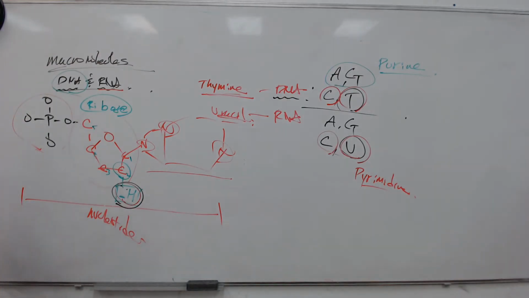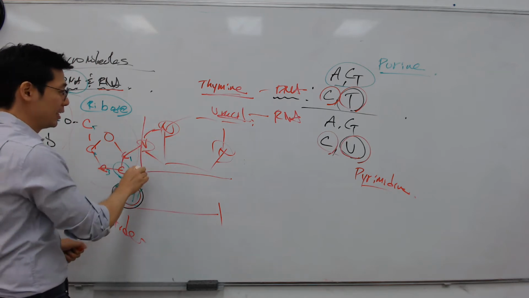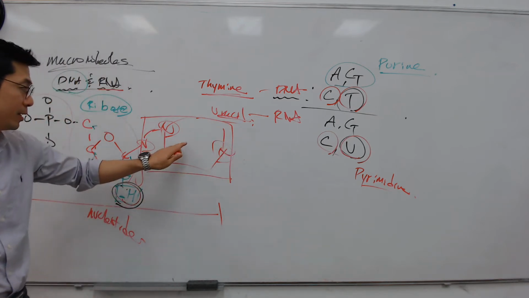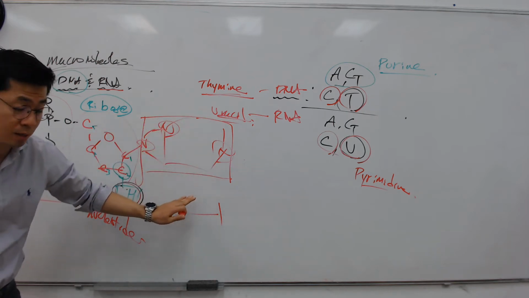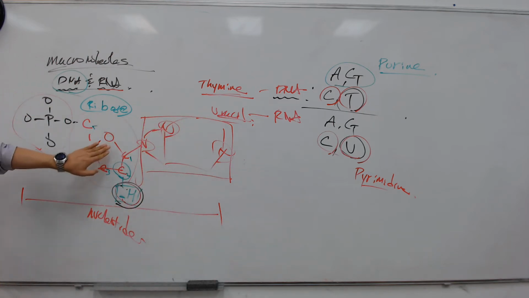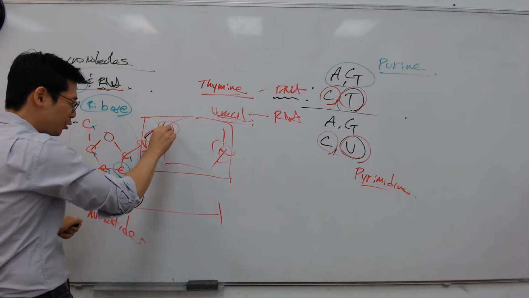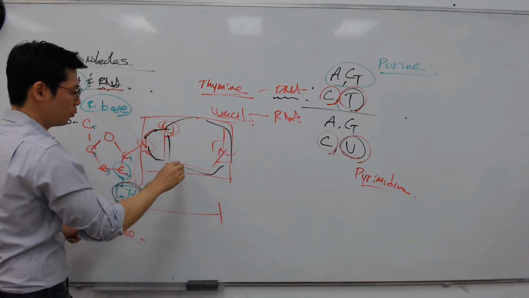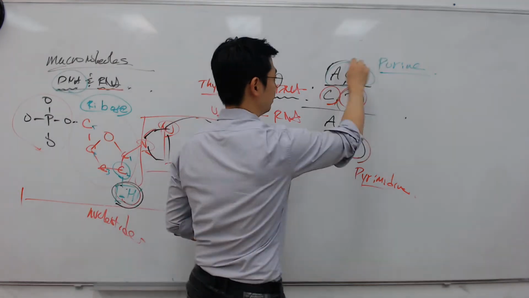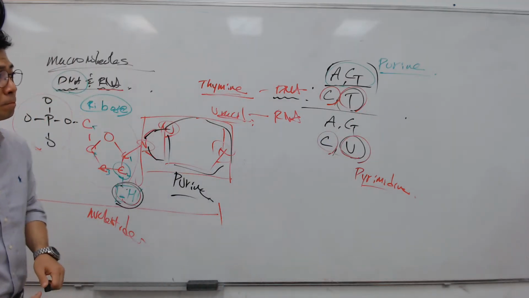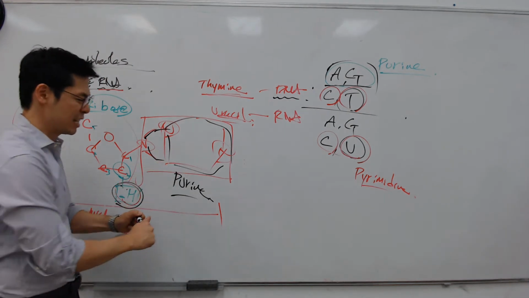The difference is the rings. This is what they call a nitrogenous base, and this is a 5-carbon sugar and the phosphate group. If you see two rings like this, those are purines, which is A and G, adenine and guanine.